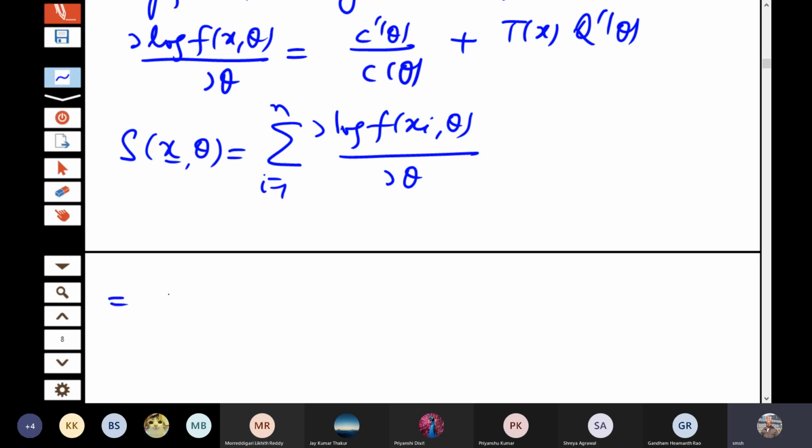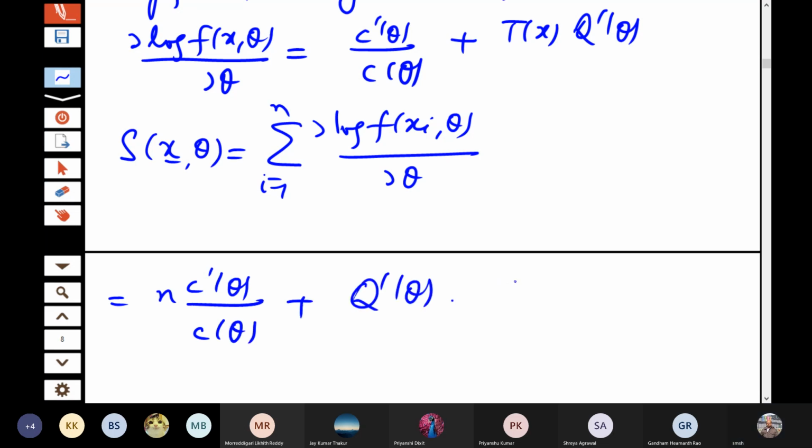So this is equal to n times c prime(theta) by c(theta) plus q prime(theta) sigma t(x_i), where I am using x1, x2, ..., xn, because I am writing for n of them if the sample size is n. This calculation is clear. Is this calculation clear to you?